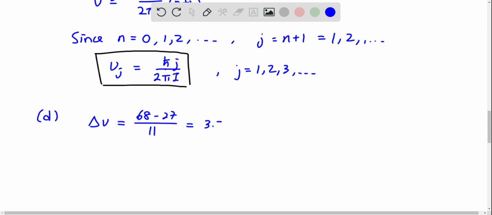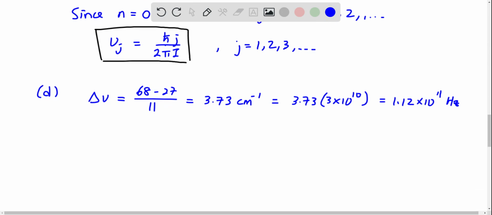This is equal to 3.73 per cm. In the question, we are also given the conversion factor, so to convert to hertz, you multiply by 3 times 10 to the 10, and you get 1.12 times 10 to the 11 hertz. That's the frequency separation.